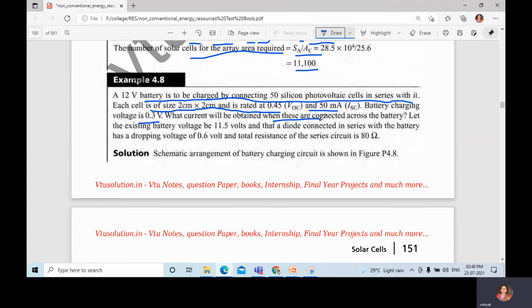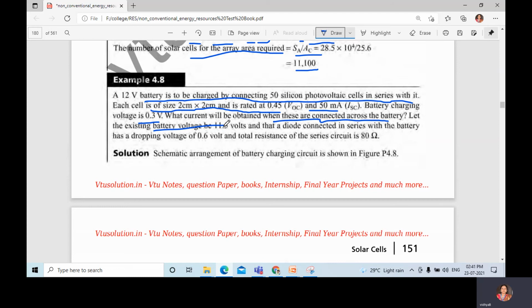What will be the current obtained when they are connected across the battery? Let the existing battery voltage be 11.5. What they are saying is that a 12 volt battery is to be charged by connecting 50 silicon photovoltaic cells in series.